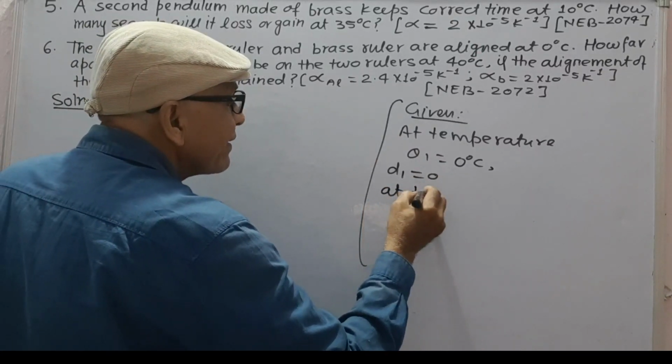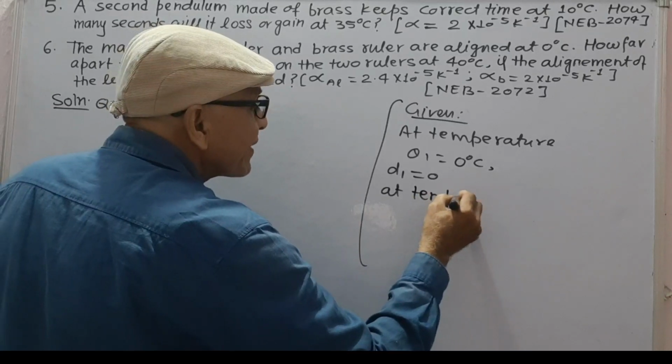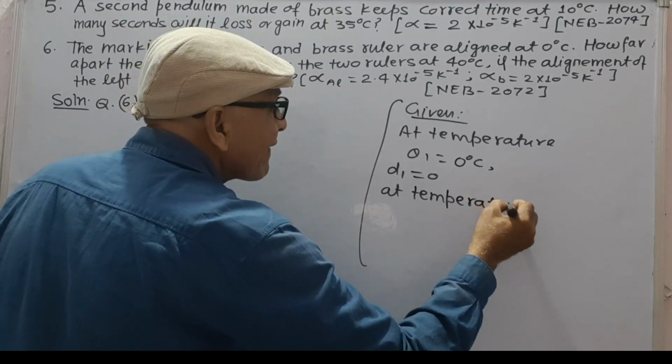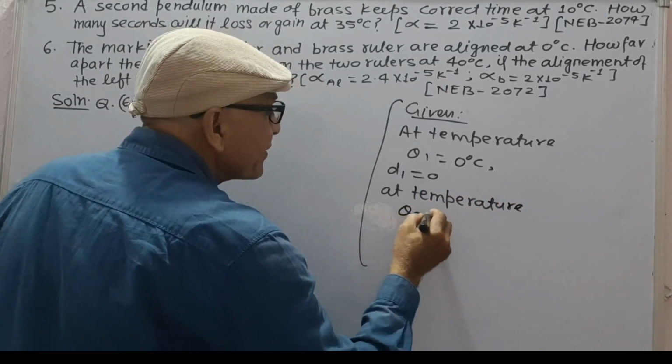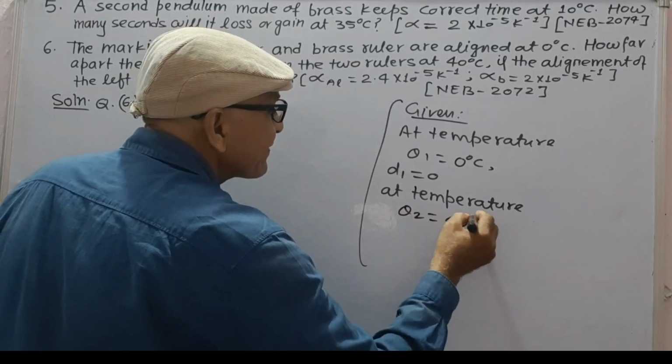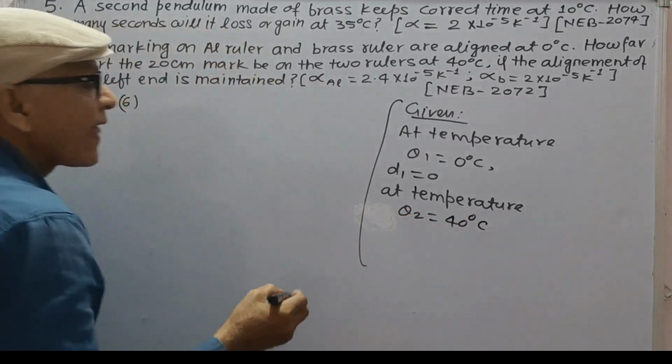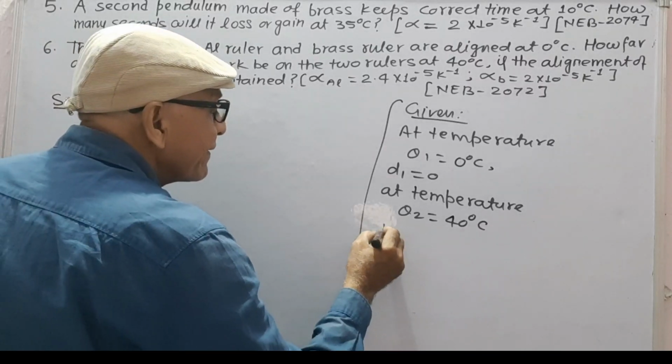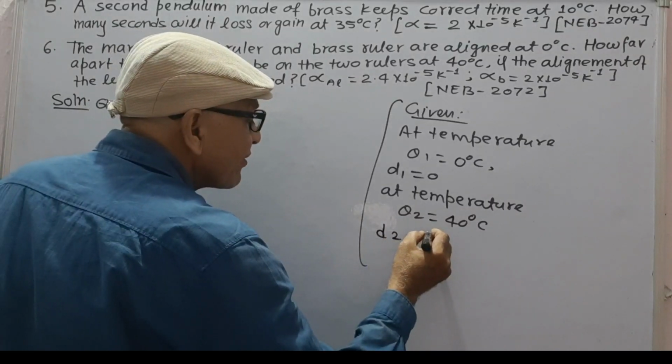At temperature theta 2 is equal to 40 degrees Celsius, D2 will be what?